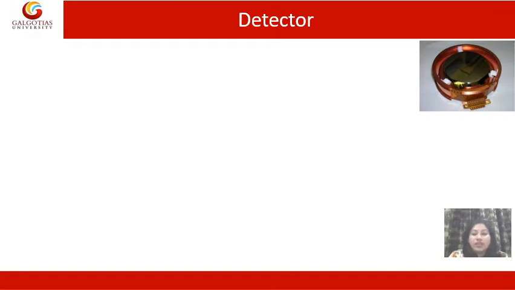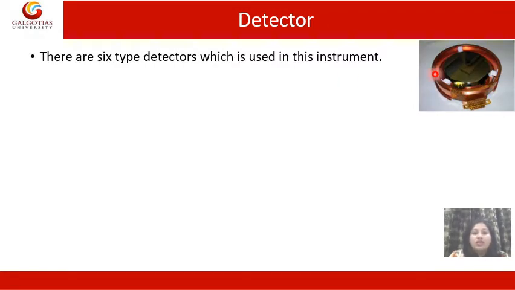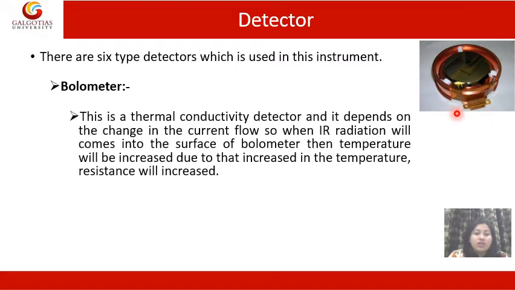Next, we will discuss detector. There are 6 types of detector used in this instrumentation. First is bolometer. It is a thermal conductivity detector and it depends on the change in the current flow. When the IR radiation comes onto the surface of the bolometer, the temperature will increase.